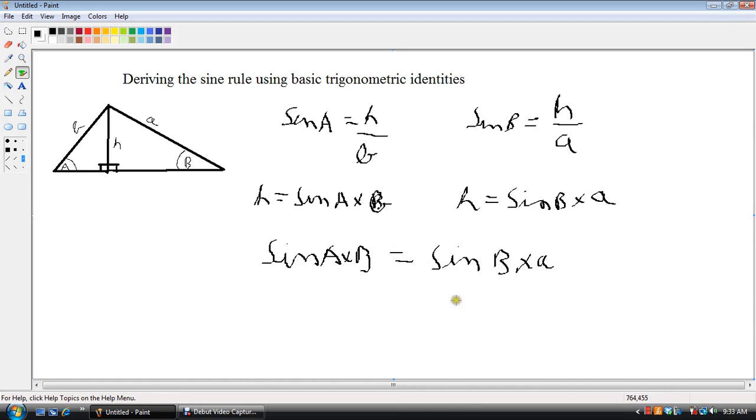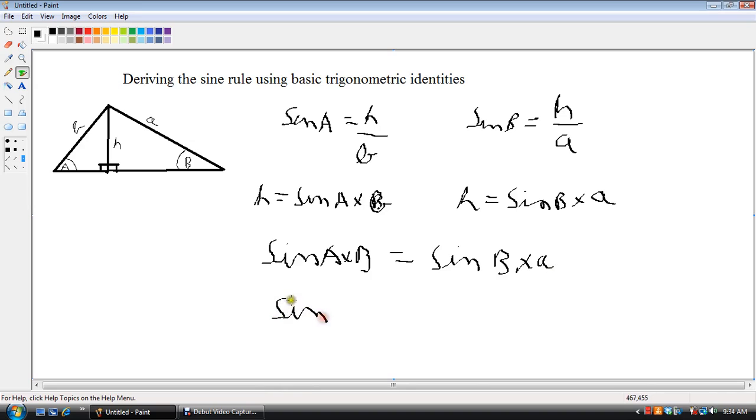Now you can probably already see that it's very simple to get to our sine rule. All we have to do is rearrange this. So we will divide by b on both sides and also by a on both sides, and we end up with our sine rule.